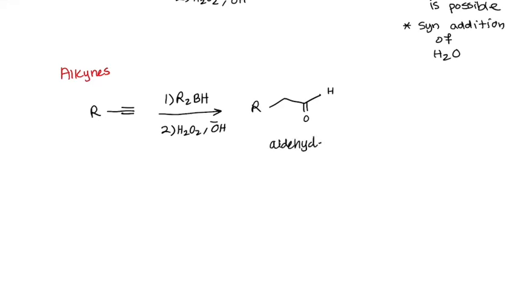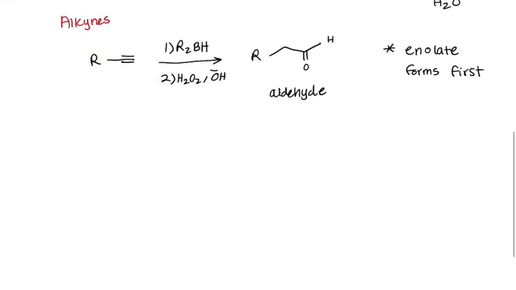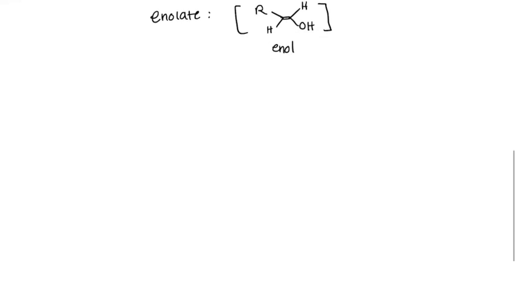And then the key to these reactions is that the enol always forms first, and then it rearranges to a carbonyl group. And the enol in this case, I'm just going to draw it for you, will look something like this. It's a double bond and an OH attached to it.